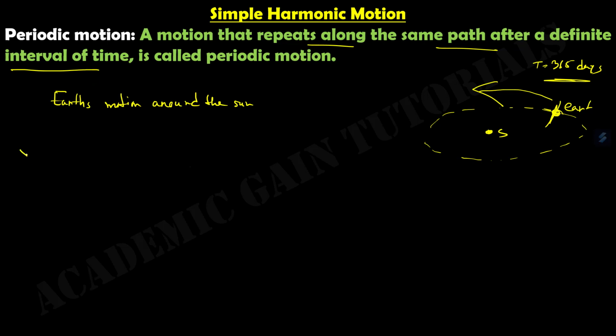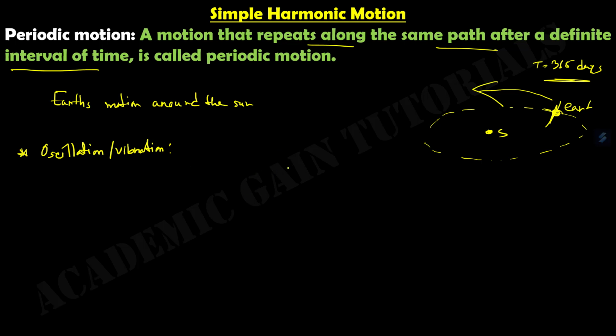Now we will see what is vibration or oscillation. It says that when a body moves back and forth repeatedly about a mean position.